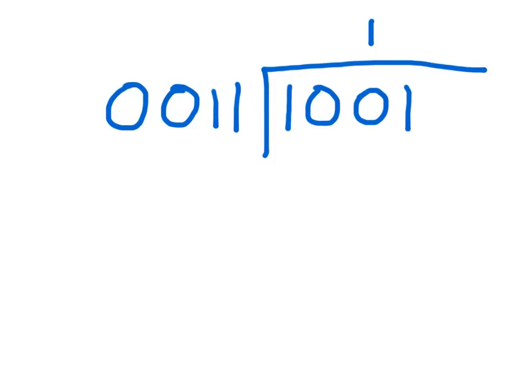Well, we know that it's not going to be a 0 in the 1's place, because that could only be true if the number in here was 6, was 0, 1, 1, 0, like we looked at. So that only leaves the possibility that this is going to be a 1. And now we can test it. We can multiply. If we wanted to, we could write out this times this, and we would see that we would get the correct answer. Or we can just look at it and know that 3 into 9 is 3.